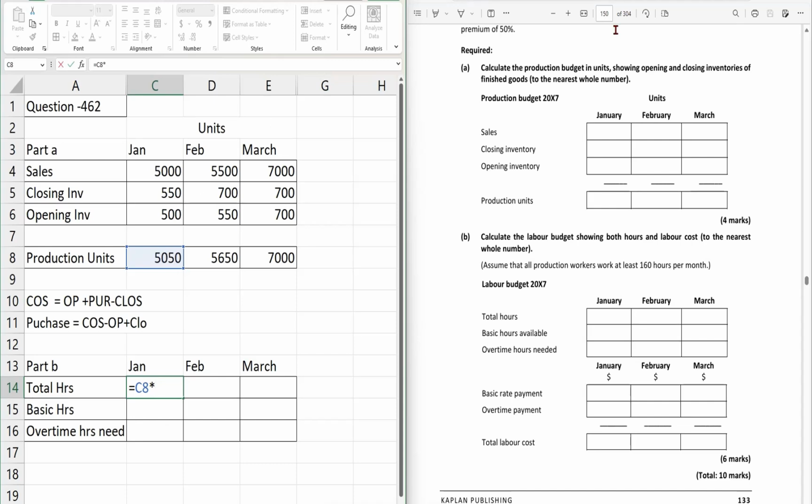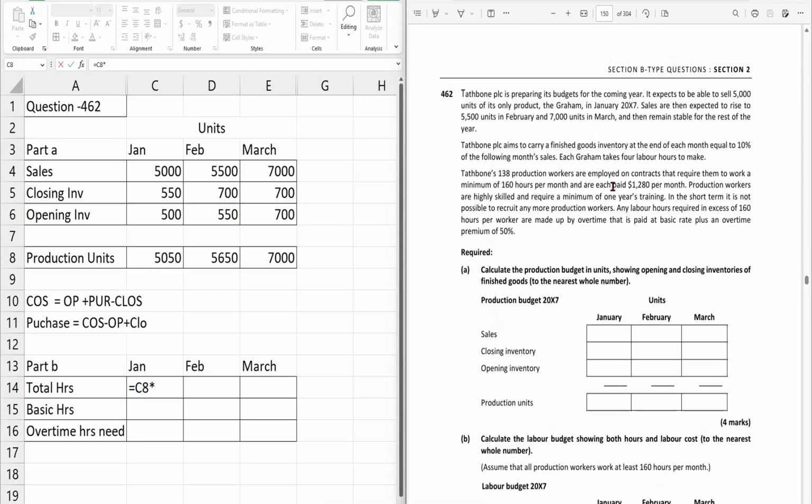In the question it has mentioned one unit requires 4 labor hours, right? You can see here the question has already mentioned that one unit requires 4. So if we are producing 5,050 in the month of January, how many labor hours do we need? It's simply the unitary method. If one unit requires 4 labor hours, how many hours are needed for 5,050?